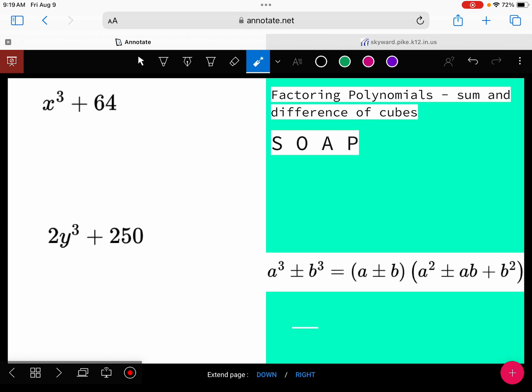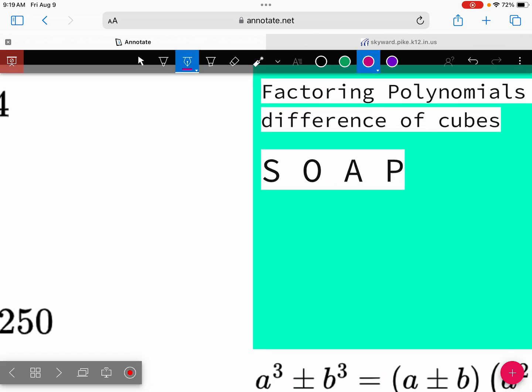So when we say SOAP, it means our first sign, when we come to expanding this out, is going to have our same sign. So S stands for same. So if we're looking at this first one, our first sign is going to be the exact same. So x cubed plus 64, we're going to use a plus first.